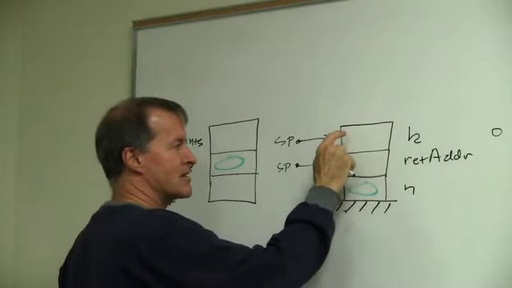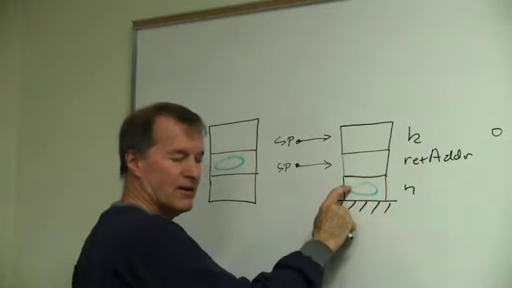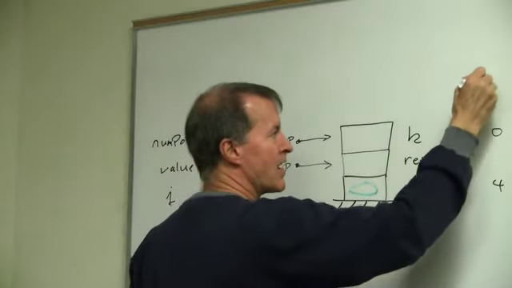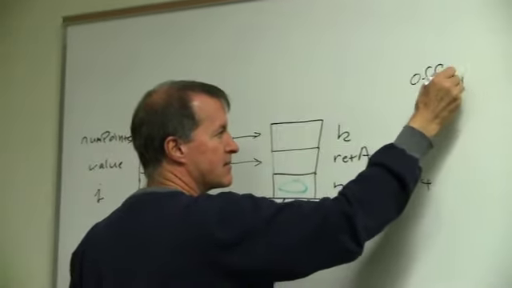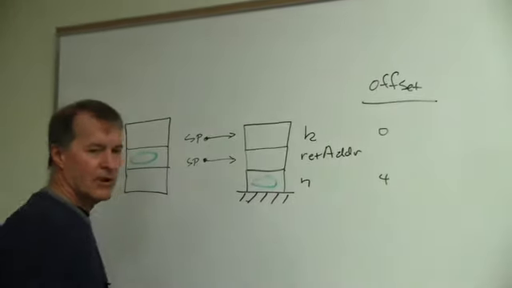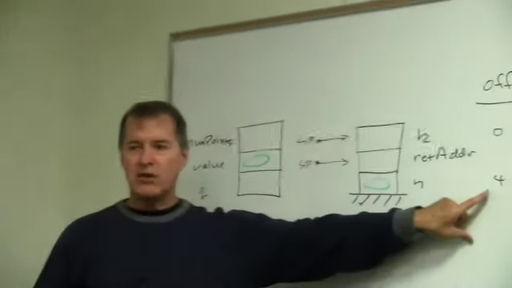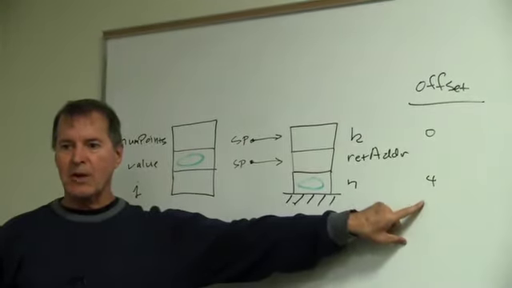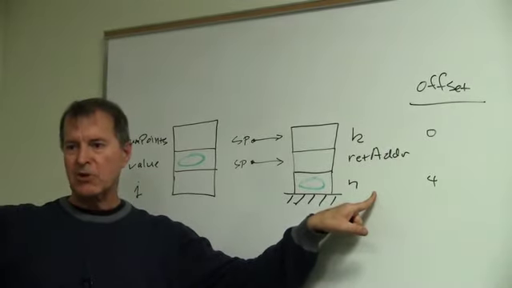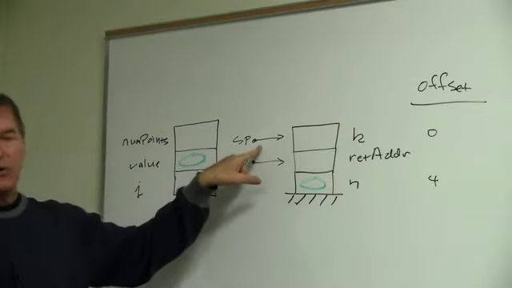So this is 0, and the return address is 1, 2, 3, and then 4 is the N. So the offset of K is 0, the offset of N is 4. So these are the equates. We equate these identifiers, for the purposes of coding the function, to these offsets when the stack pointer will be here.